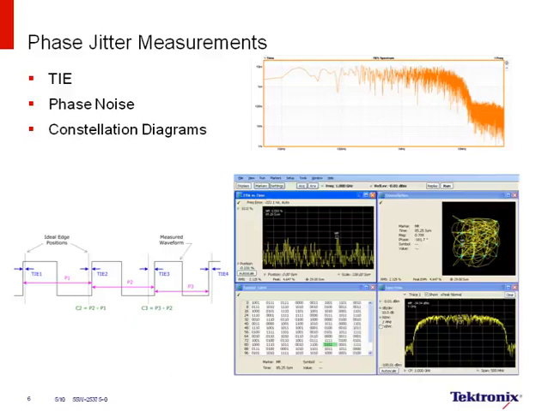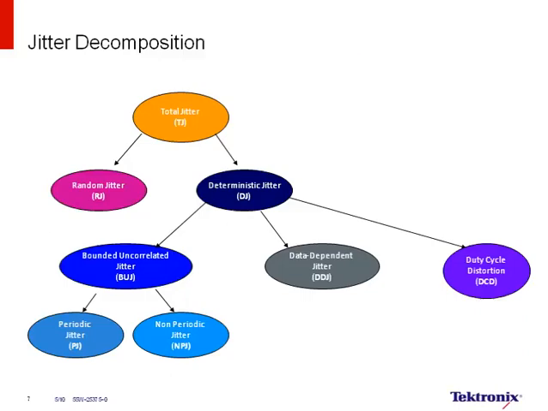This jitter family tree is one way to categorize different types of jitter. The first branch separates random jitter, RJ, and deterministic jitter, DJ. The second branch separates deterministic jitter into data-dependent jitter, DDJ, periodic jitter, PJ, and bounded uncorrelated jitter, BUJ.